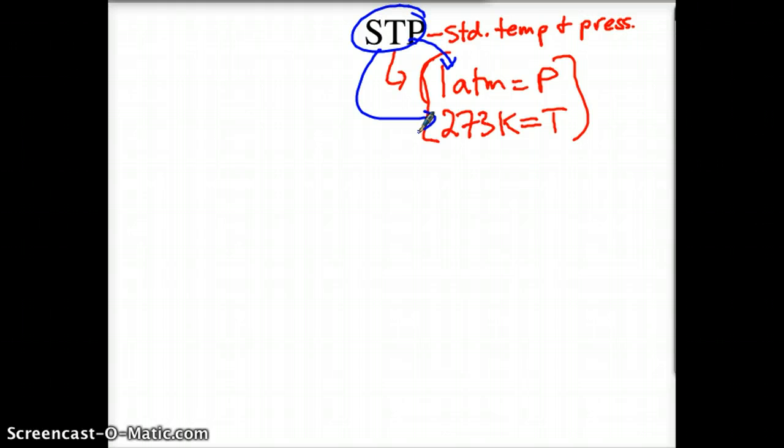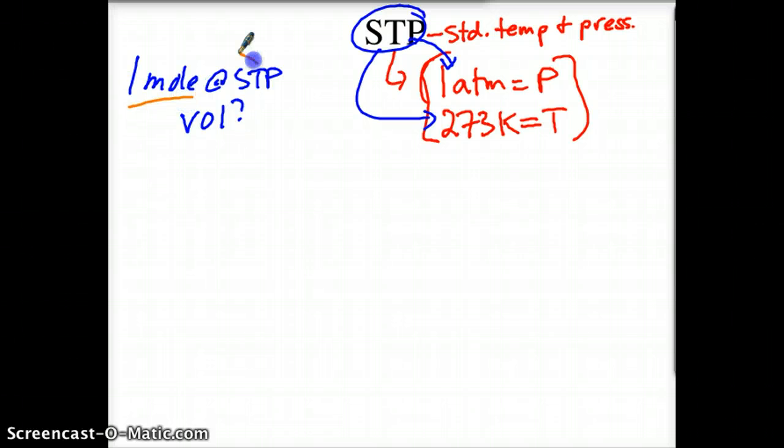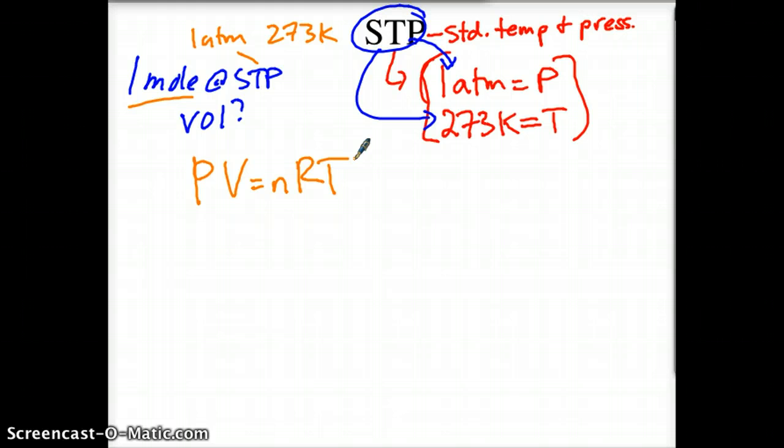So let's assume we have 1 mole of a gas at STP, and we want to know what is its volume. Well, we know the number of moles is 1. We know STP means 1 atmosphere and 273 Kelvin. So let's go ahead and use the ideal gas law. PV equals nRT. Let's plug in our values. Pressure, 1 atmosphere.